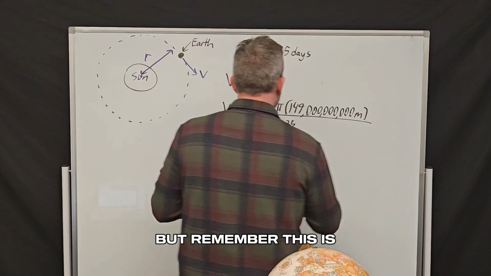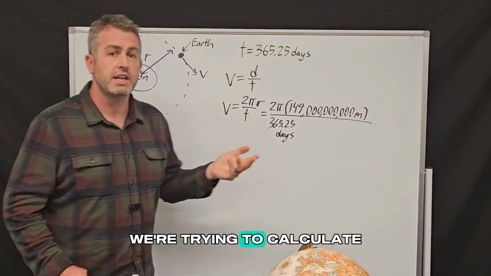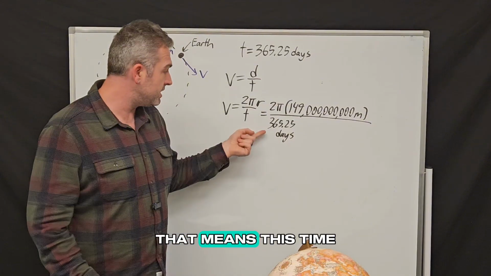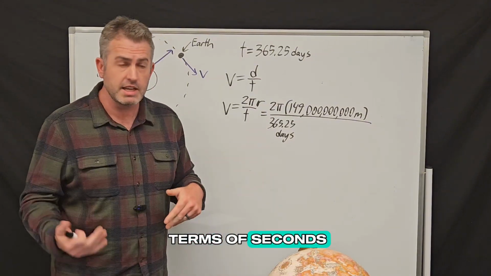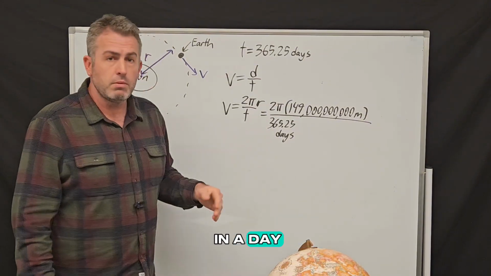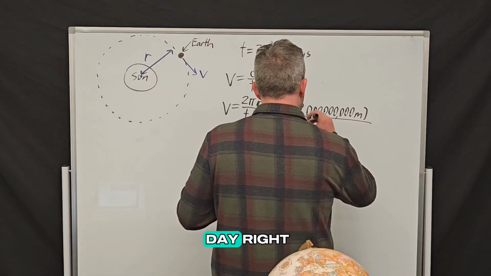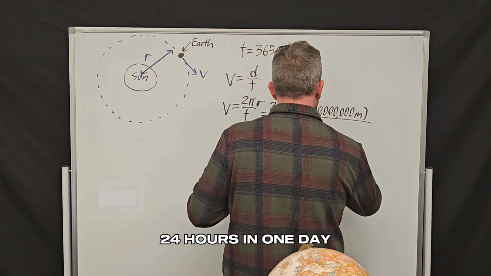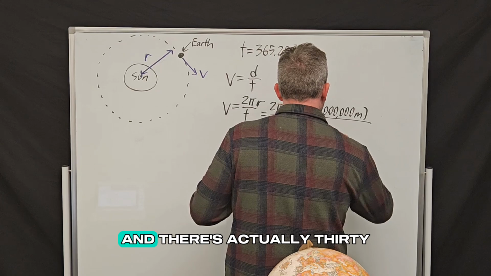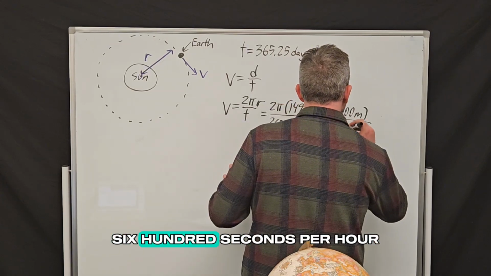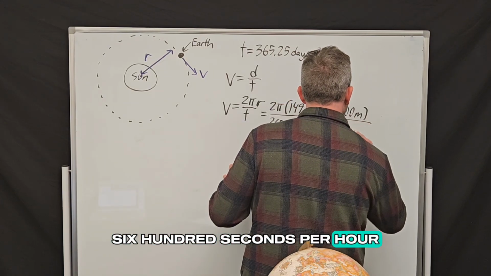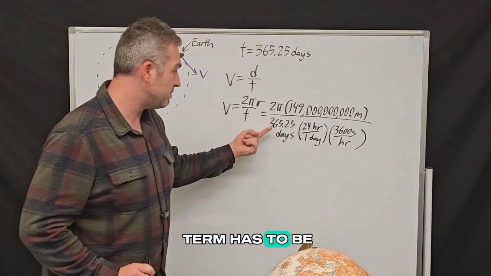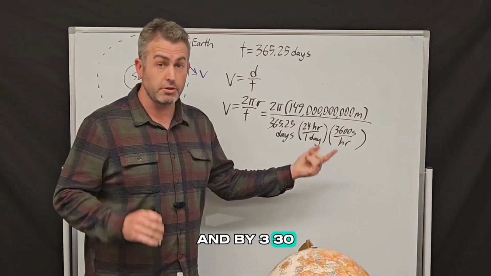But remember, for velocity, we're trying to calculate meters per second. So that means this time needs to be in terms of seconds. How many seconds are in a day? Well, we know there's 24 hours in a day, right? 24 hours in one day. And there's actually 3,600 seconds per hour. And so that means this bottom term has to be multiplied by 24 and by 3,600.